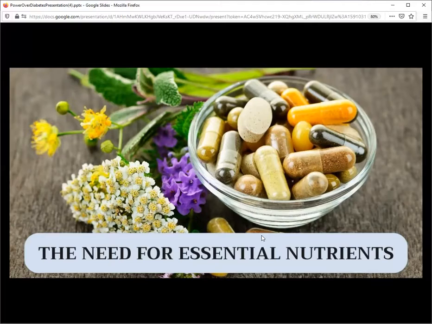Chromium. Chromium helps to make insulin receptor sites more sensitive to insulin. So insulin receptor sites are actually located on the cell wall. In turn, fighting the issues of insulin resistance. Another great help here is berberine. This is an herb. It can really help encourage the cells to open up again and accept sugar to support metabolism.